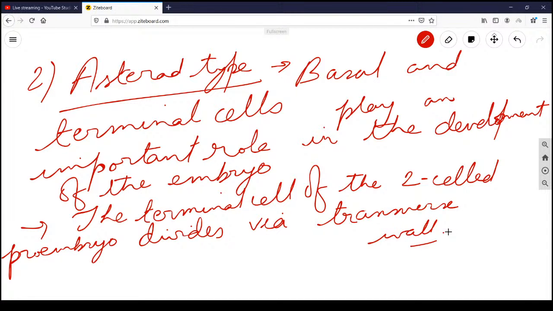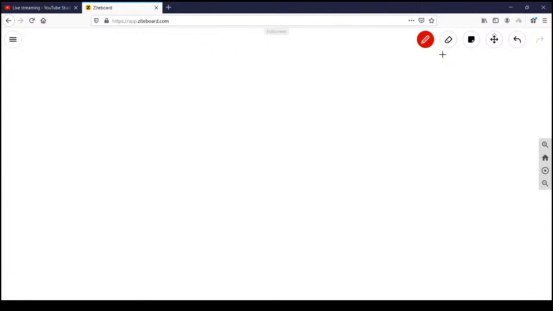Number three is the Solanad type, a very special type.